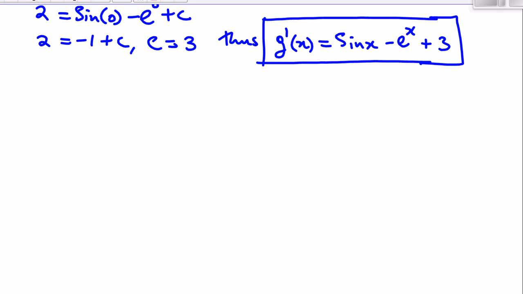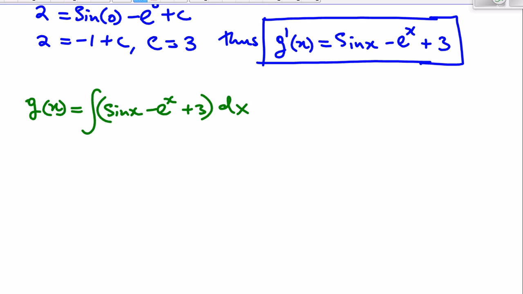So we'll say g of x will be the integral of sine x minus e to the power x plus 3, integrating with respect to x, which will give us negative cos x minus e to the power x plus 3x plus c.